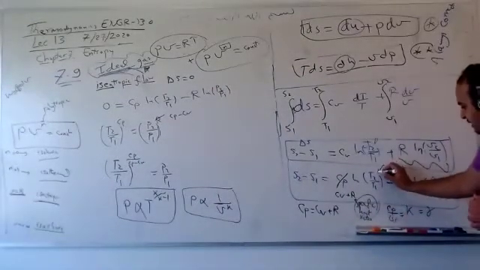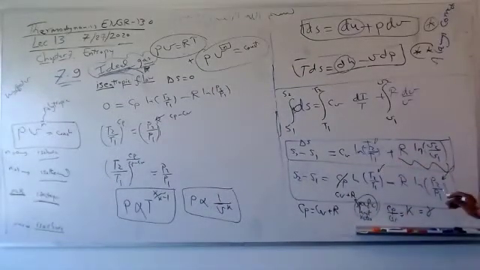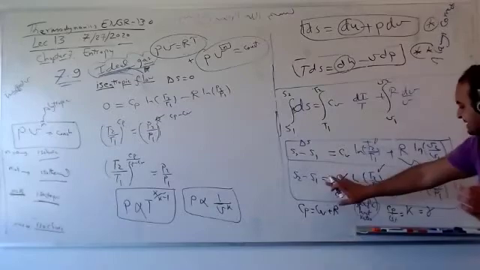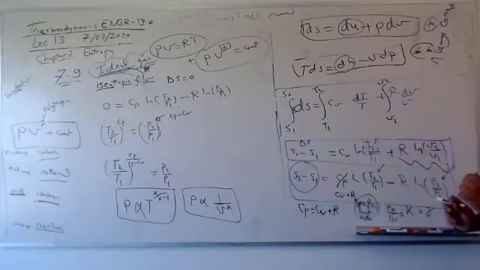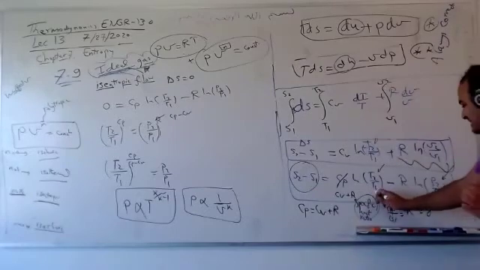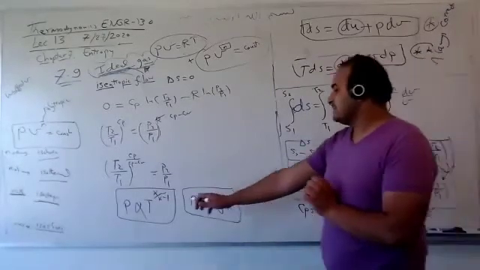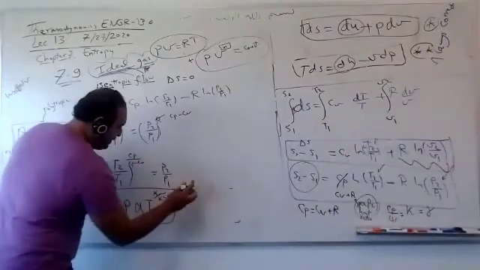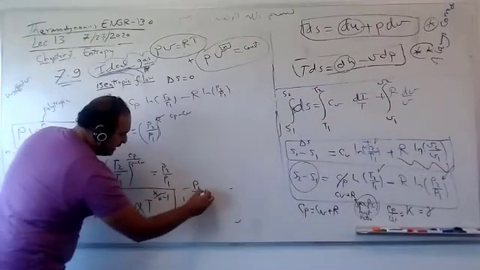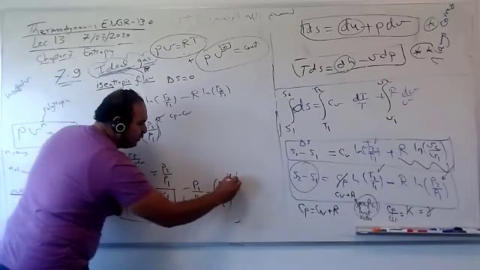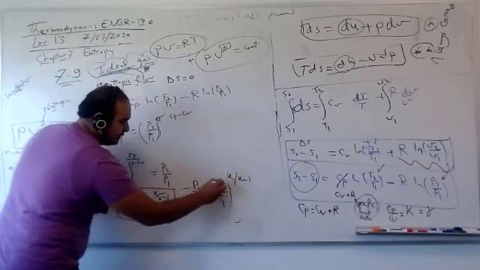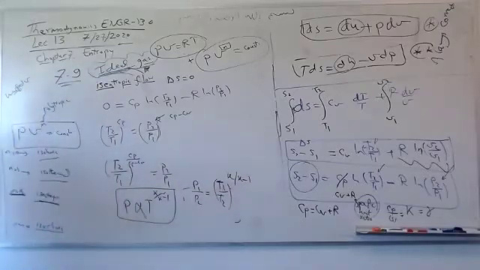If you put this T over T and P over P with a certain ratio, this equation will be 0. 0 means isentropic. The ratio is like this: P1 over P2 equals T1 over T2 to the power K over K minus 1. It will always be 0. We call it isentropic.